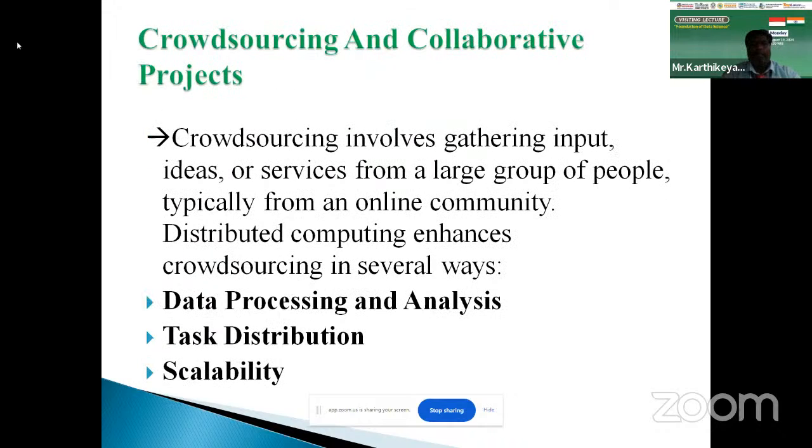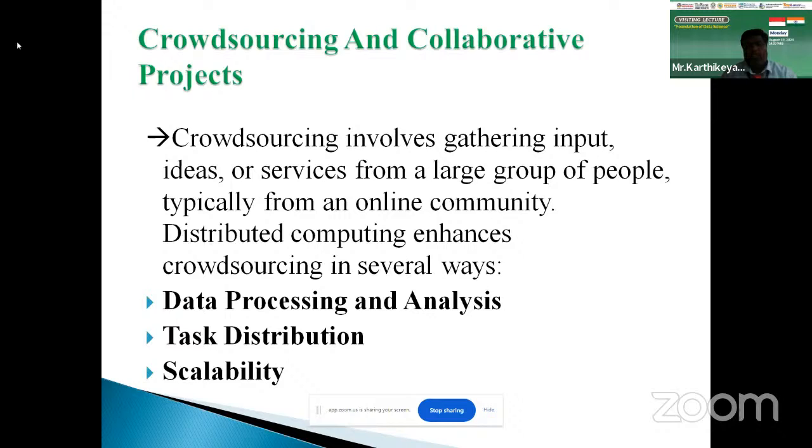The next topic is crowdsourcing and collaborative projects. Crowdsourcing involves gathering input, ideas and services from a large group of people, typically from an online community.